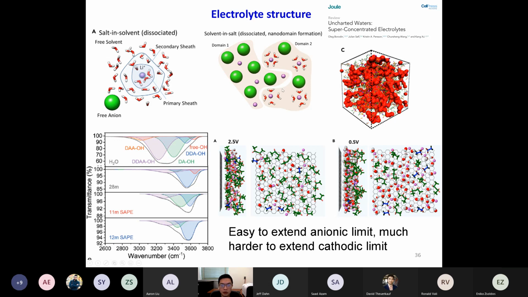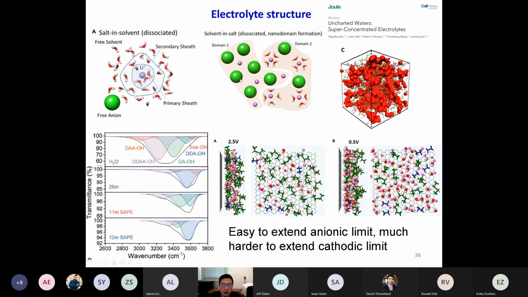So nature chose another way to form a different bulk electrolyte structure in terms of reducing the overall free energy. So actually in this water-in-salt electrolyte, it forms 2 domains. Domain 1 barely has any water in it.